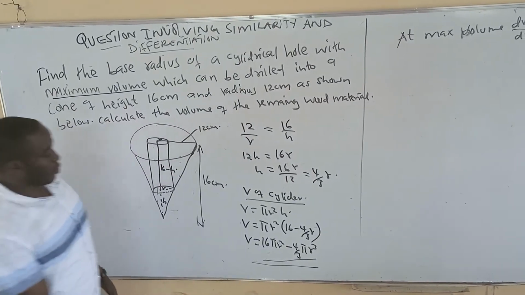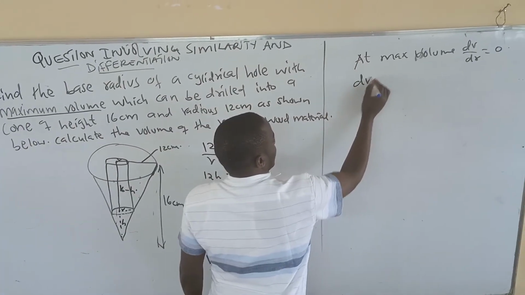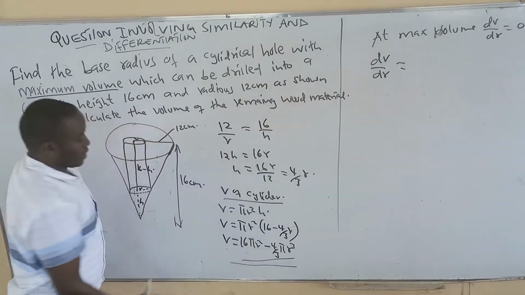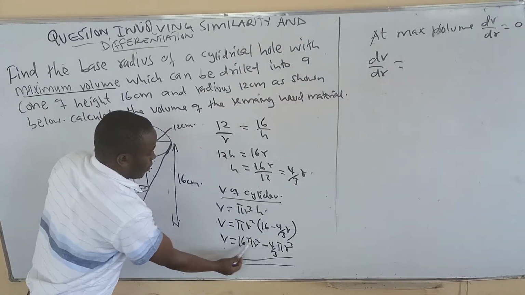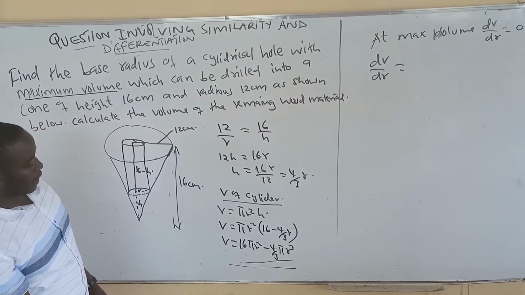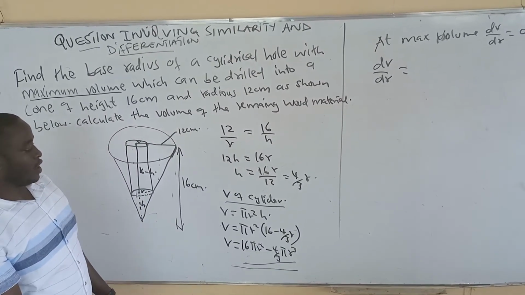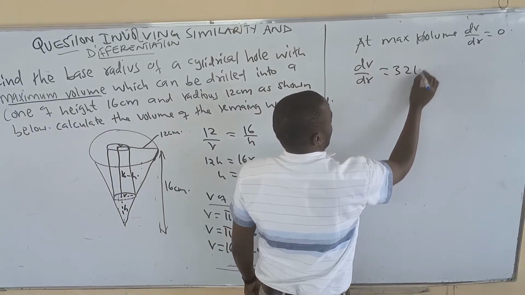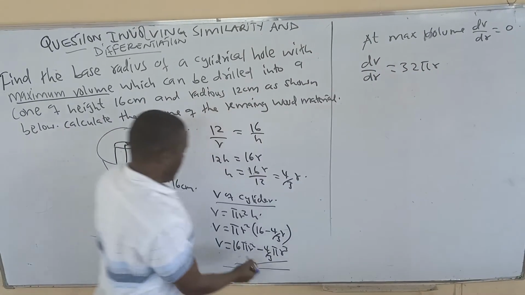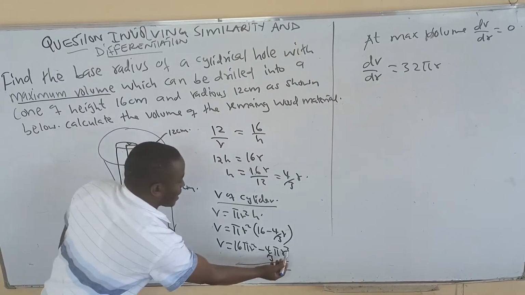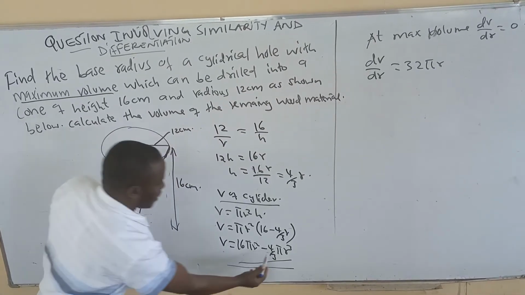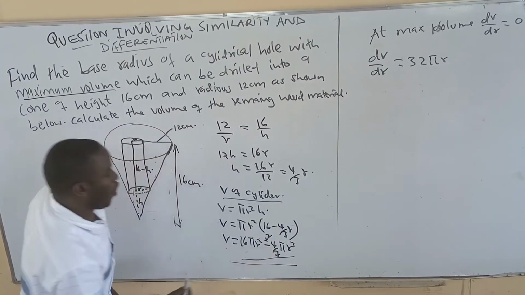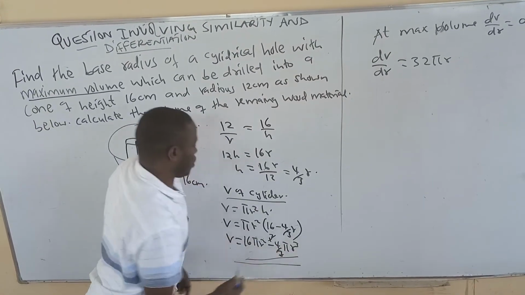We differentiate: the power of r, 2, multiplies 16 to become 32, and the power reduces by 1, so it is 32 pi r. Then minus, the 3 cancels when it multiplies the power, remaining with 4 pi r squared, because the power of r reduces by 1.